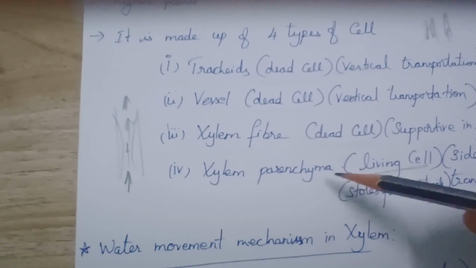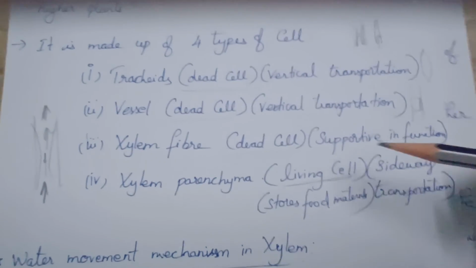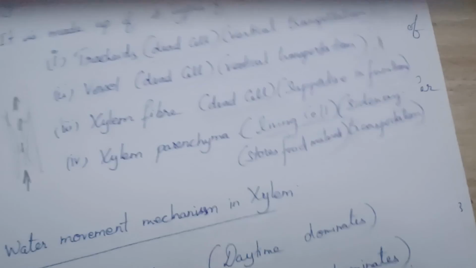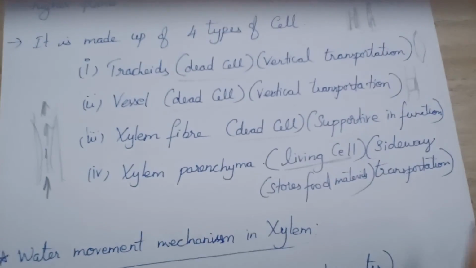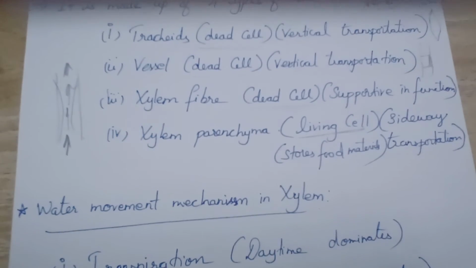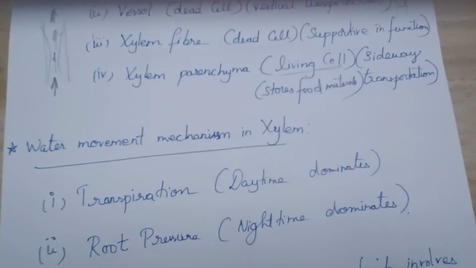Only xylem parenchyma is a living cell. It stores food materials and helps in the sideways transportation of water. Okay, these tracheids and vessels are mainly for vertical transportation of water. For the sideways, the xylem parenchyma will help. Two mechanisms are involved: transpiration and root pressure.